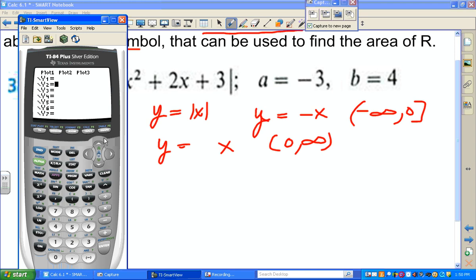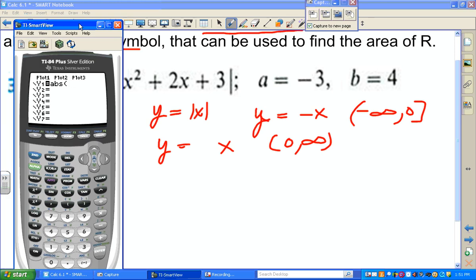I'm going to go ahead and graph out the absolute value. Math, number, absolute value, negative x squared, plus 2x plus 3. My window is going to go from negative 3 to 4. I have no idea what the y values are. I'll just go from negative 10 to 10, see what happens.